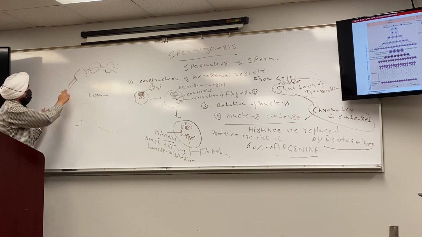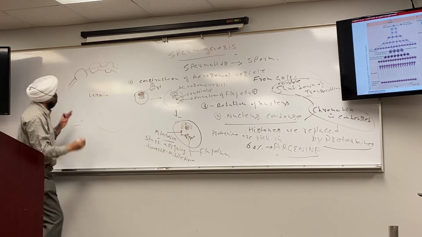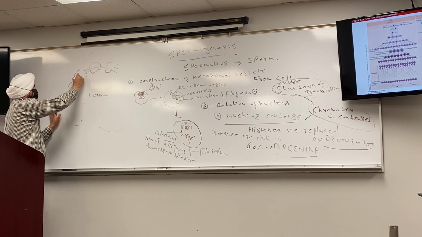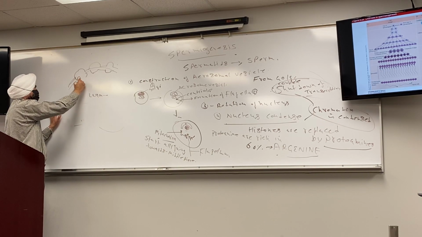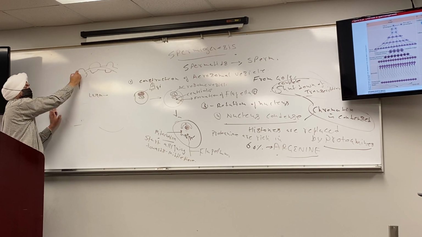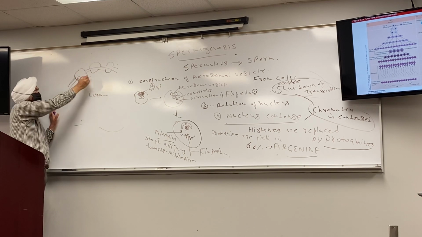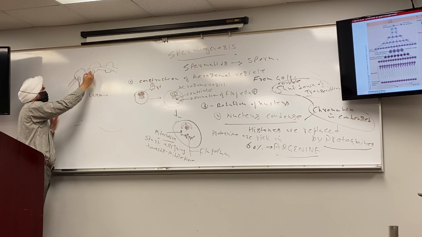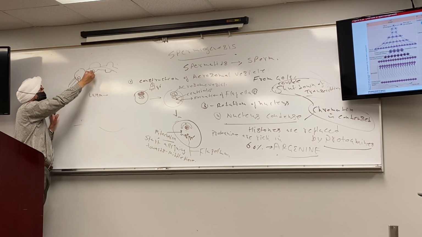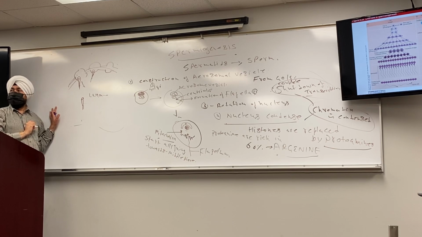So this cell which was here starts making a membrane like this, so that all the cytoplasm is left behind, and you have only very little cytoplasm, and these sperms will then be released here in the lumen.